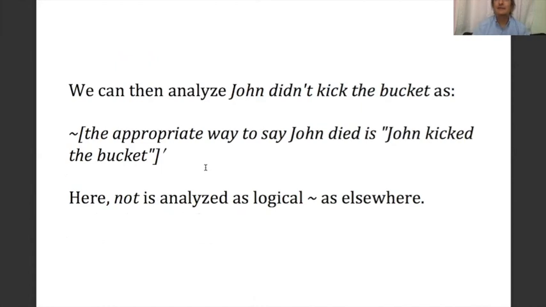Okay? But then we might be able to analyze the sentence, John didn't kick the bucket, as logical negation attached to the interpretation of the sentence: the appropriate way to say John died is John kicked the bucket. And in this analysis, not is analyzed as logical negation as elsewhere. Okay.